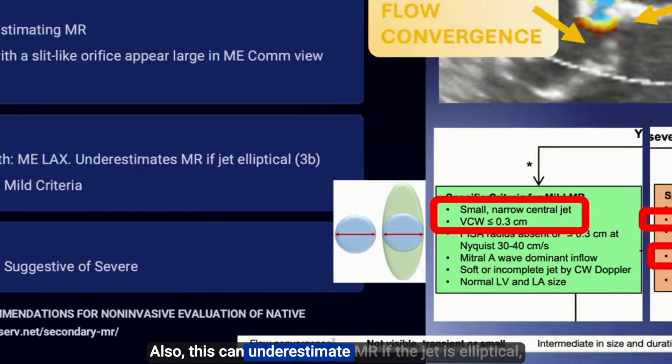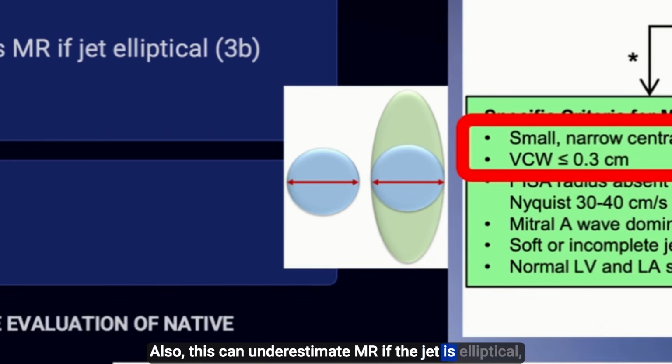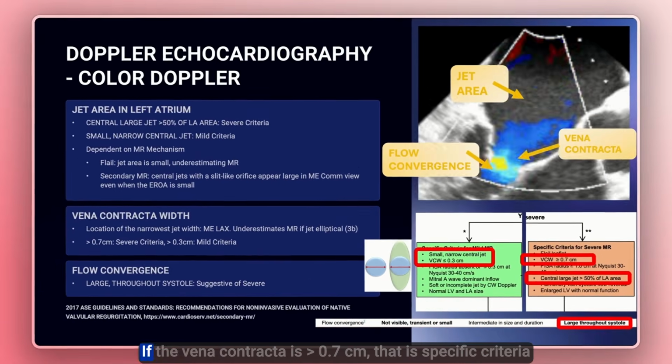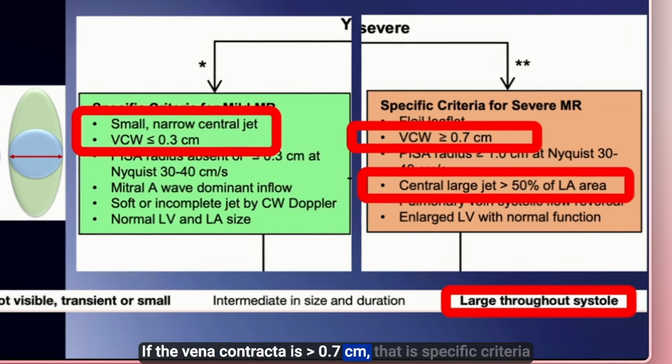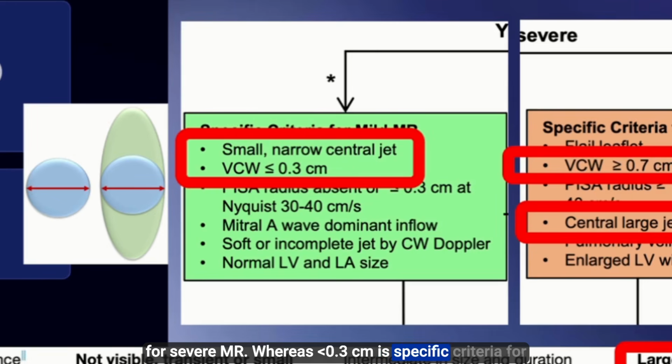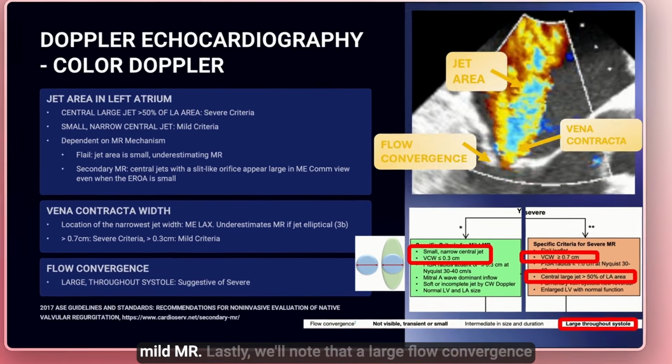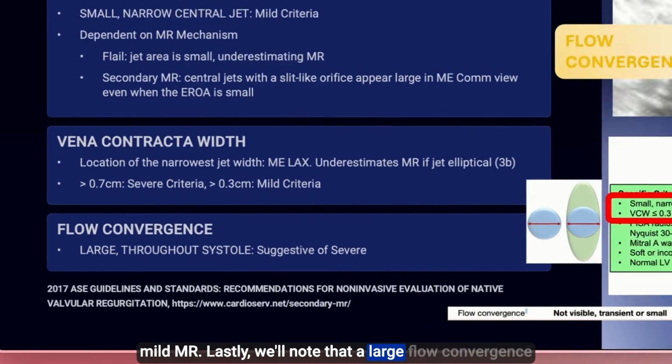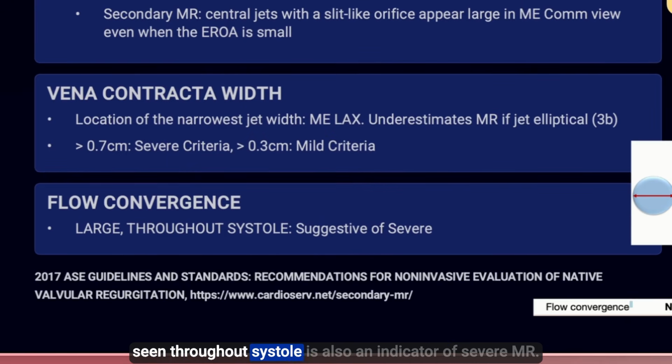Also, this can underestimate MR if the jet is elliptical, as is frequently seen in those secondary MR patients. If the vena contracta is greater than 0.7 centimeters, that is specific criteria for severe MR, whereas less than 0.3 centimeters is specific criteria for mild MR. Lastly, we'll note that a large flow convergence seen throughout systole is also an indicator of severe MR.